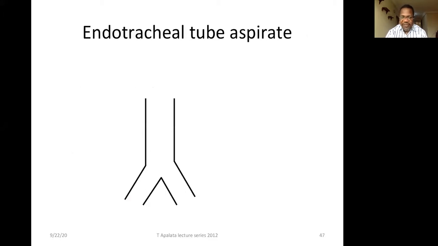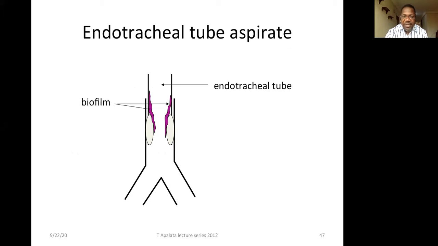So we say that this is the respiratory tract, and you have the trachea, and you have an endotracheal tube that is inserted. Then from there, the microorganism can form what we call a biofilm, and one pathogen can progress to the lungs and cause a pneumonia.